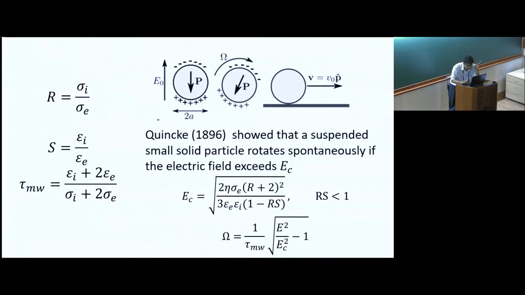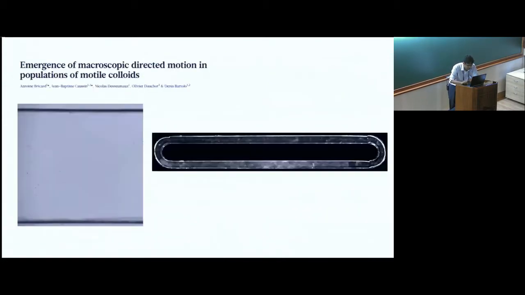This Quincke rotation has been put to good use by many people. There's a beautiful experiment from a group, and Oliver Duchot was a part of it. In the initial movie you see, the electric field is going out of the plane.